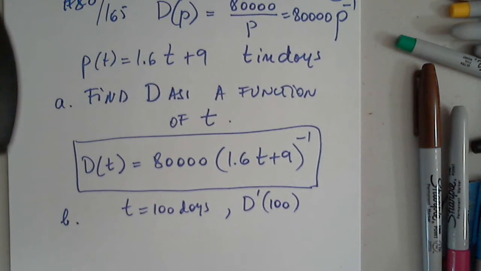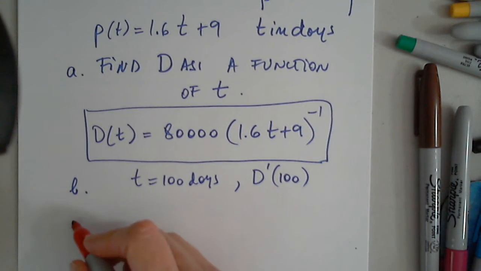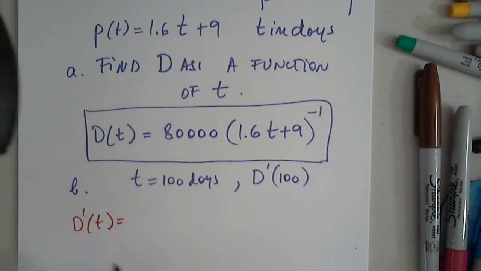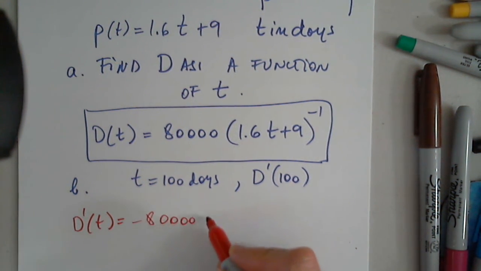What do I need to determine first? D prime of T. Of course, thank you very much. D prime of T indeed. Can anyone help with this? Negative 80,000. Very good.